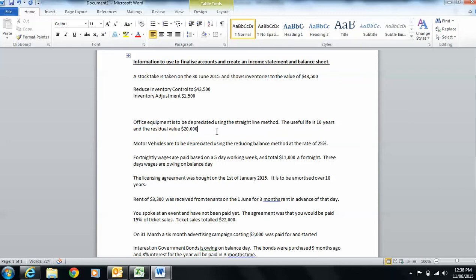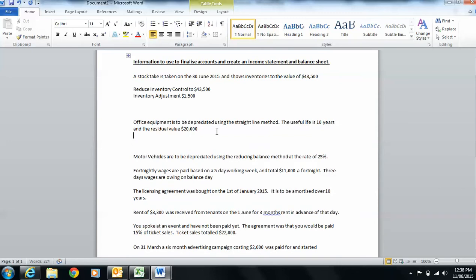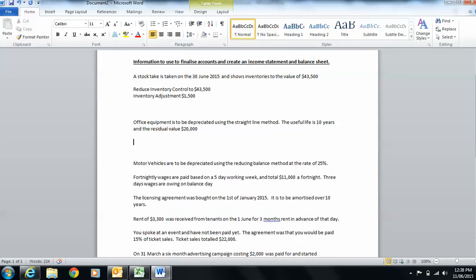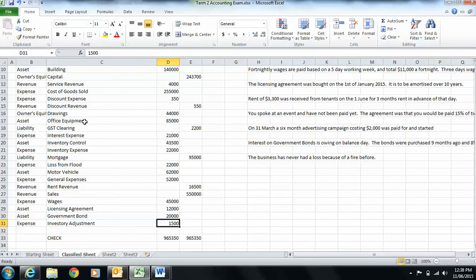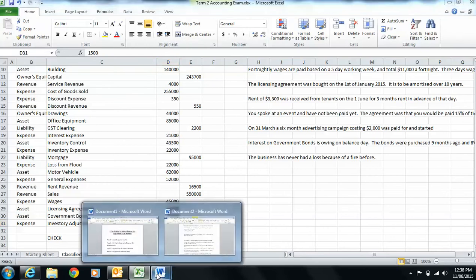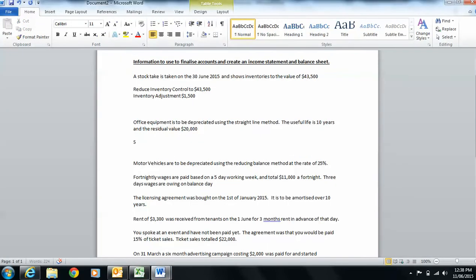Okay, the second thing is office equipment is to be depreciated. So if the useful life is 10 years and the residual value is 20,000, we've got to look at what we've paid to start with for that office equipment. Office equipment has a value of $85,000. So starting value of $85,000.